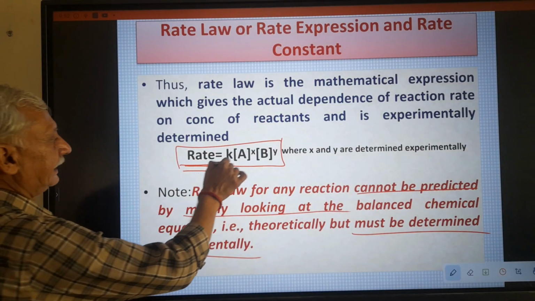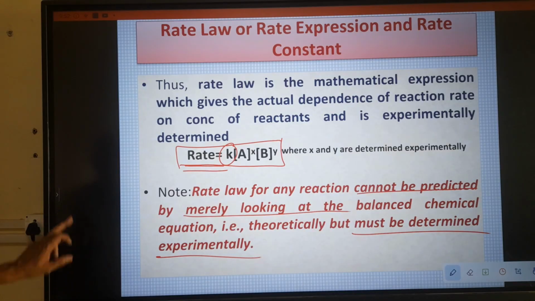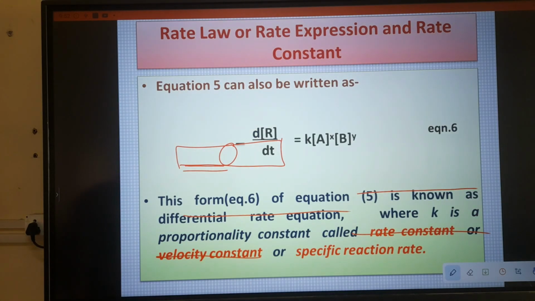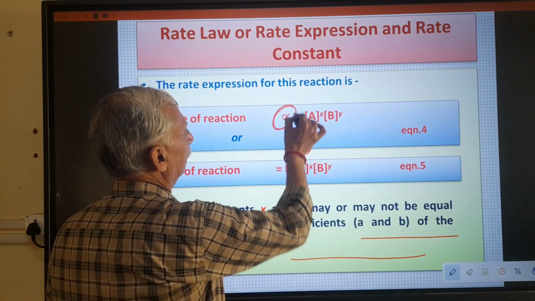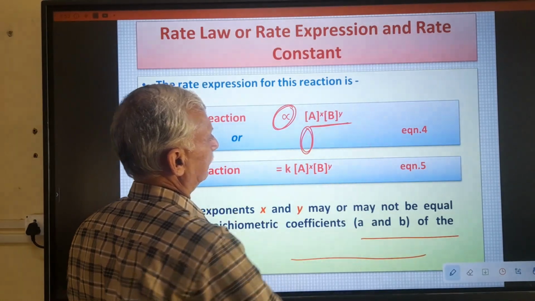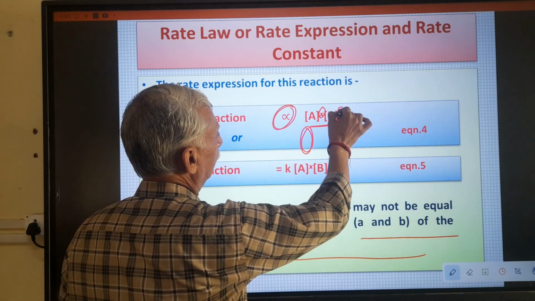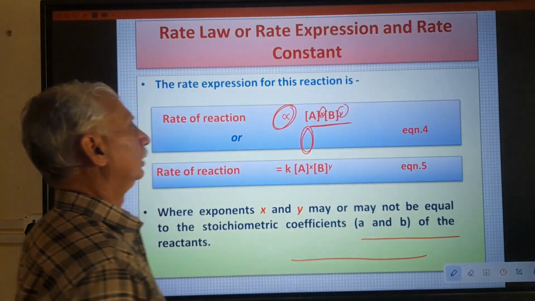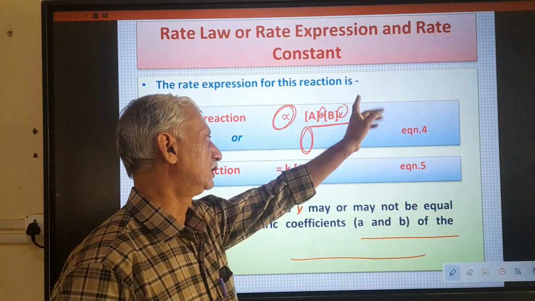Here, when we talk about this rate constant k, as we have already studied, the rate is directly proportional to the molar concentration of reactant, the concentration of A raised to power x and the concentration of B raised to power y.